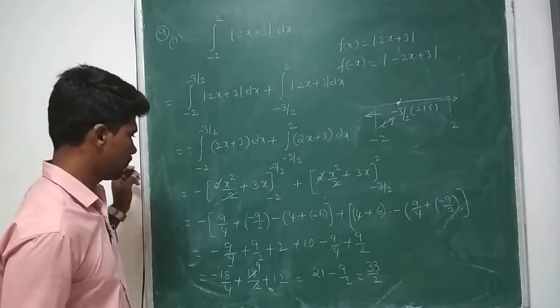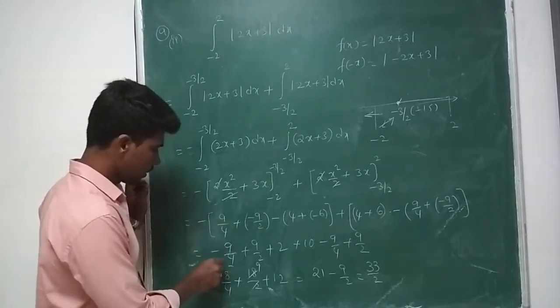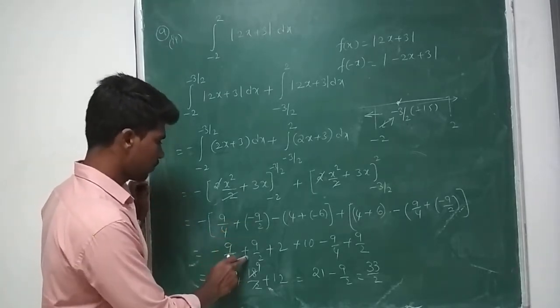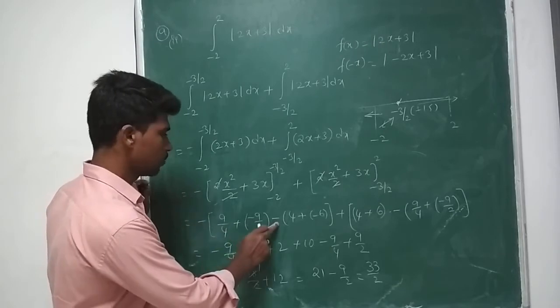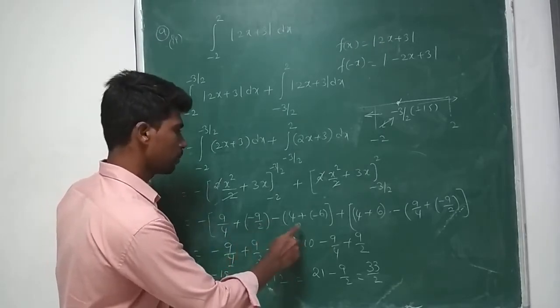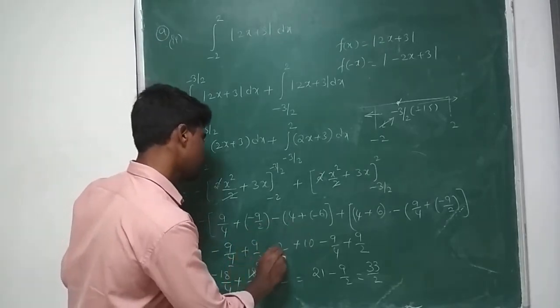Let me check once again. Minus 9 by 4, minus into minus plus 9 by 2, minus into minus plus inverse, so we get here minus 2.